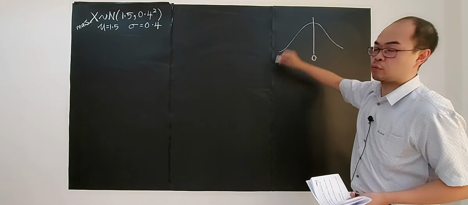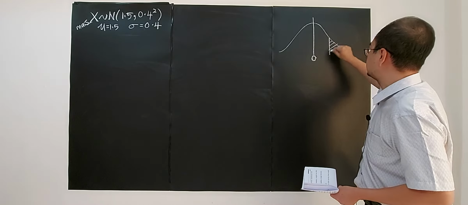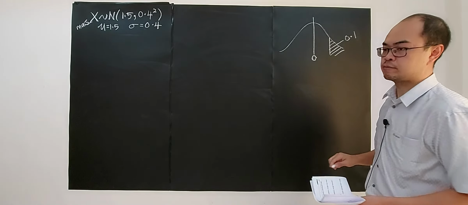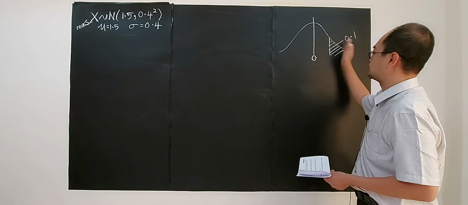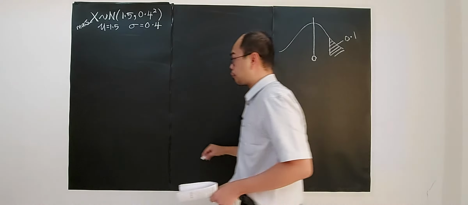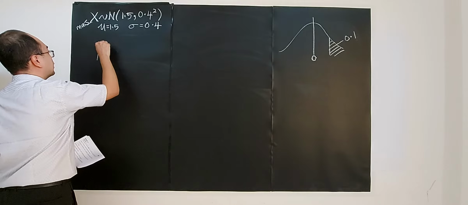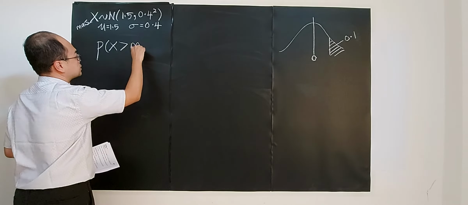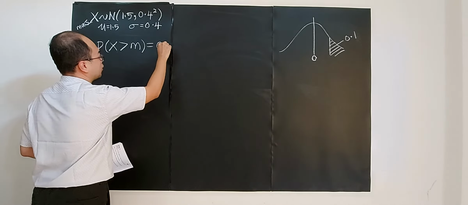So what they mean by 10% is the area where the probability is 0.1. Exceeded means more than, so the probability that a chicken is more than a mass is 0.1.